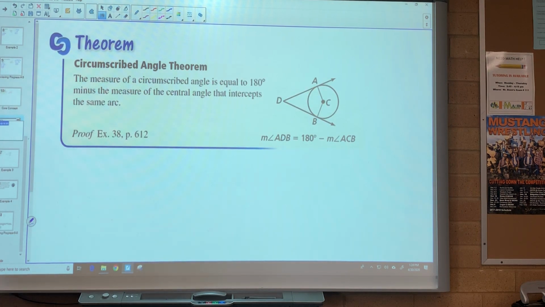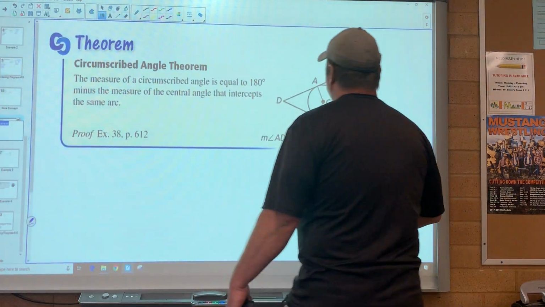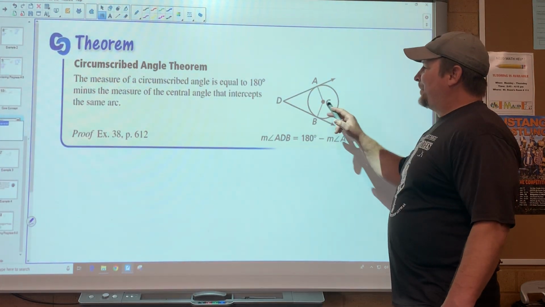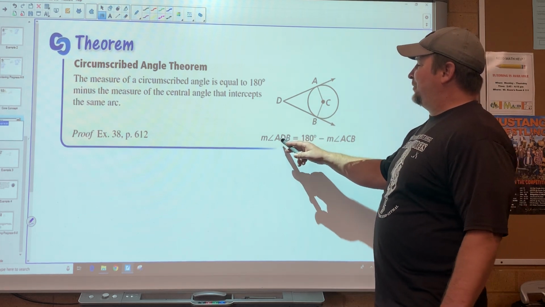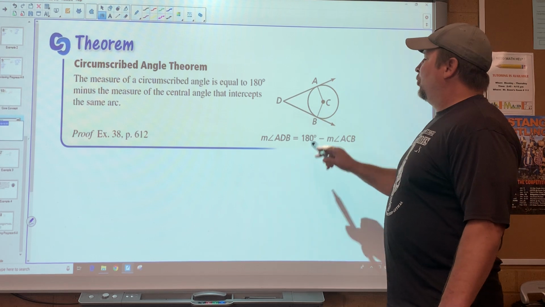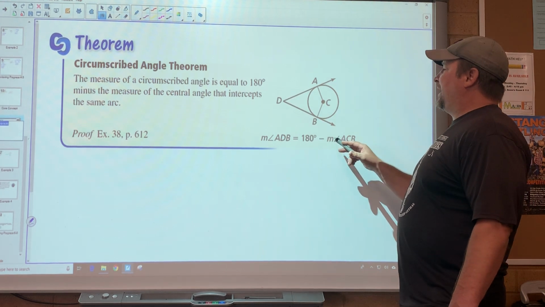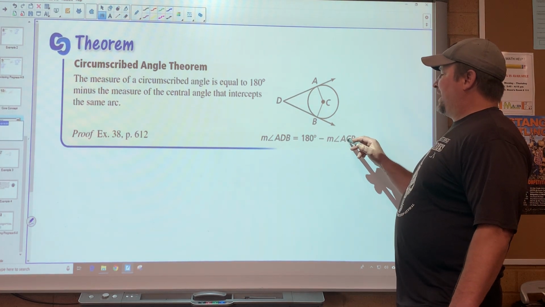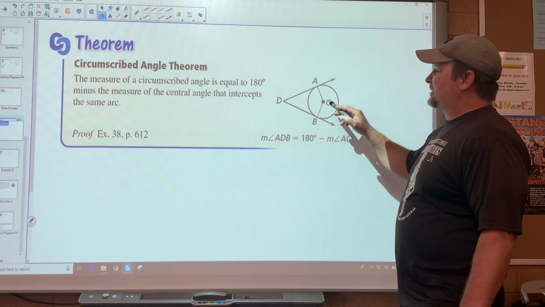Well, a circumscribed angle theorem is this. The opposite angles, because this is going to be angle ADB, so this angle out here, will equal 180 minus measure of angle ACB. So watch.